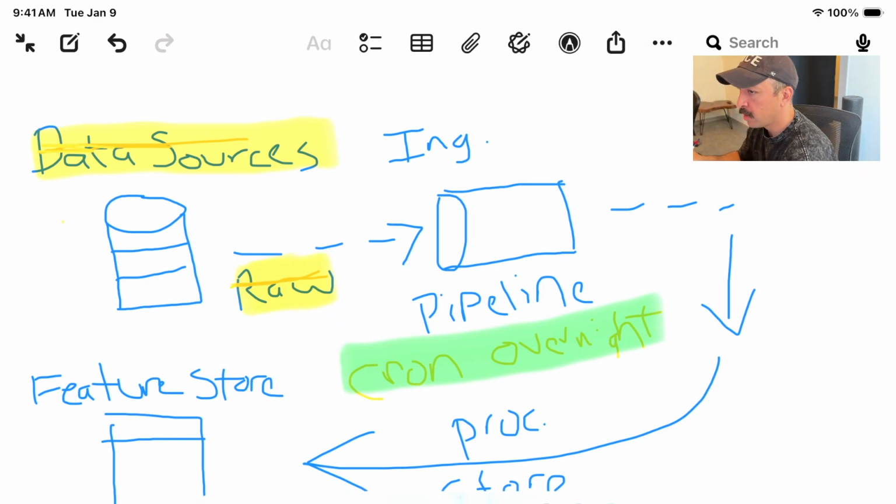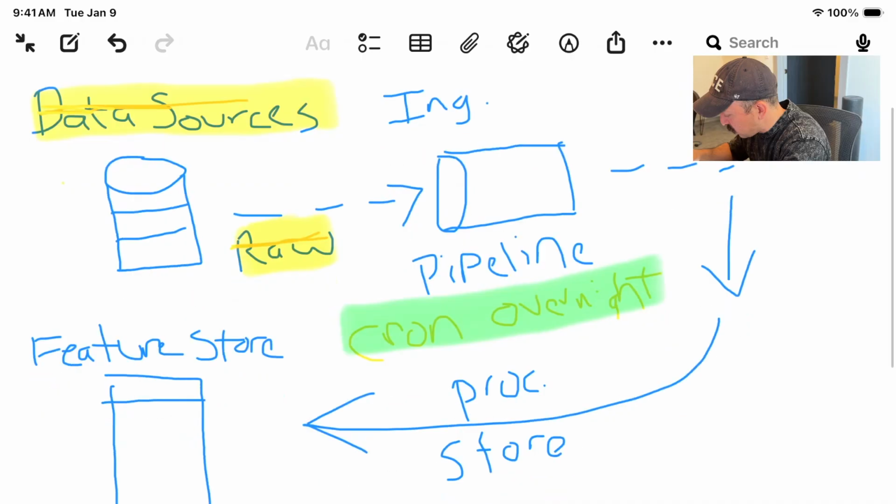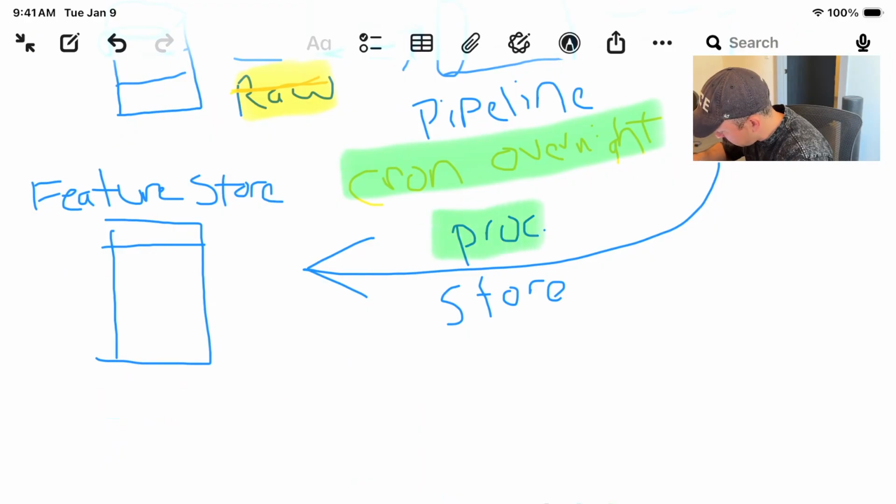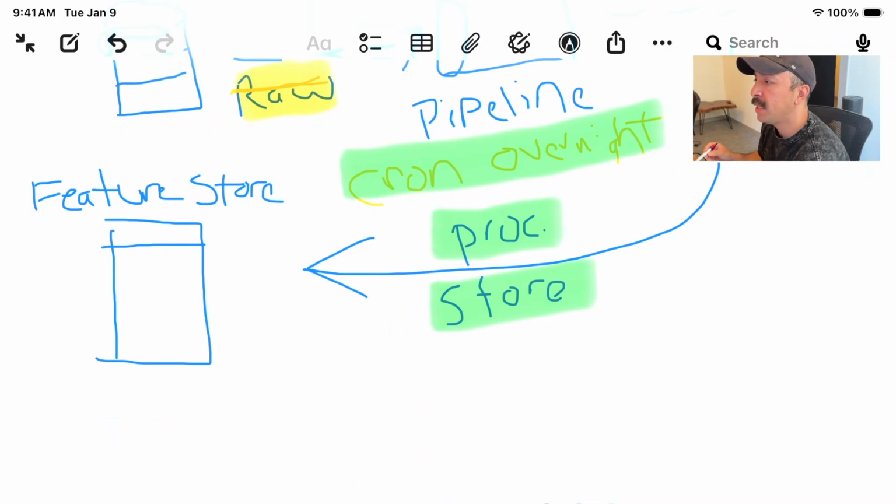The next part is the process and store portion. We take that raw data, because it can't be utilized by the model the way it is, and it gets converted into features, signals that the model can actually work with.